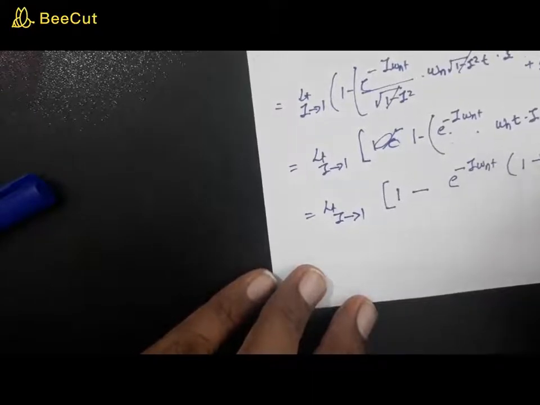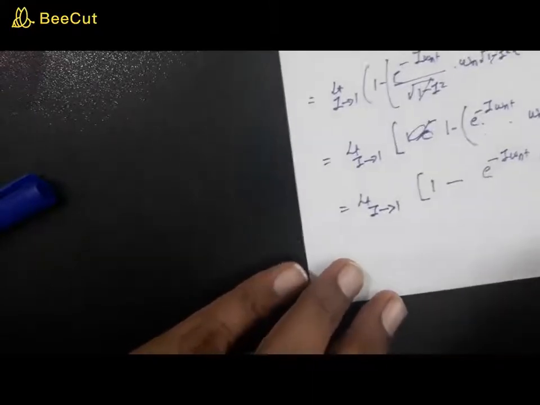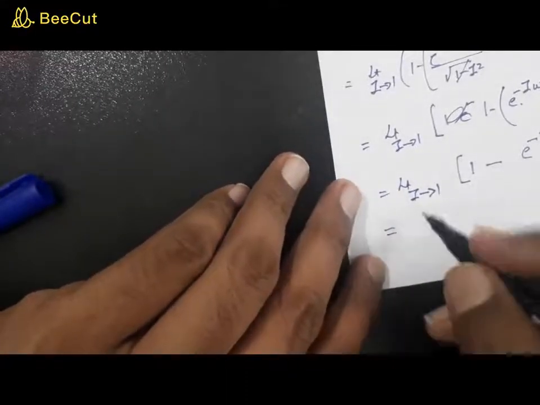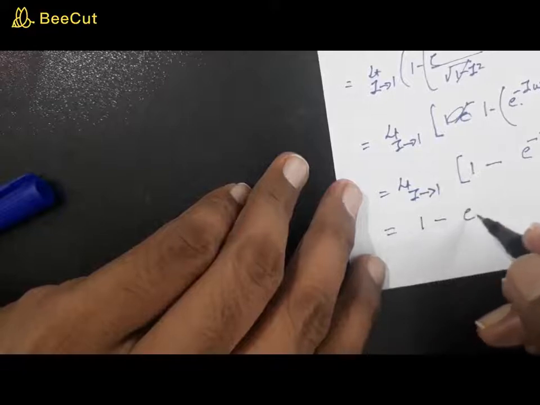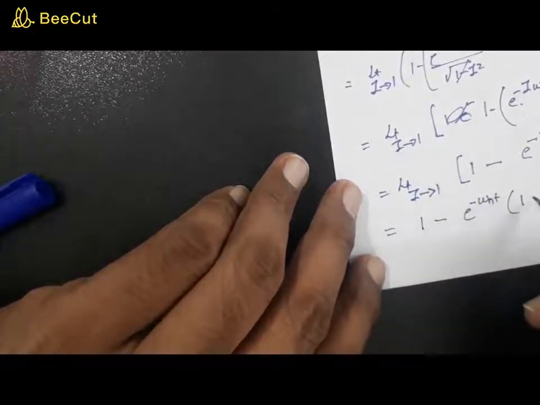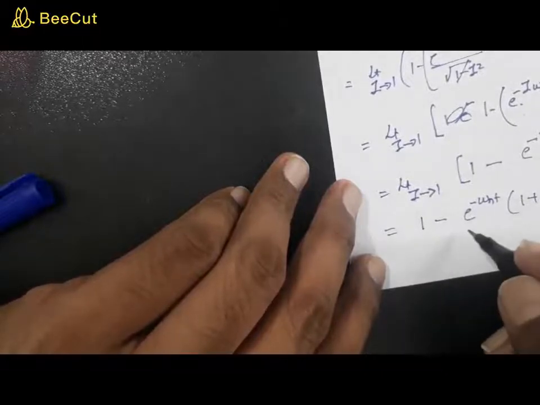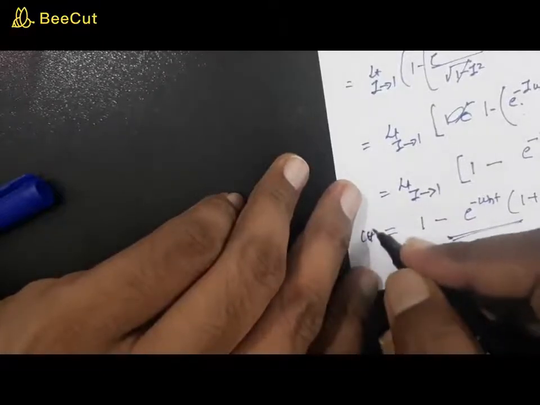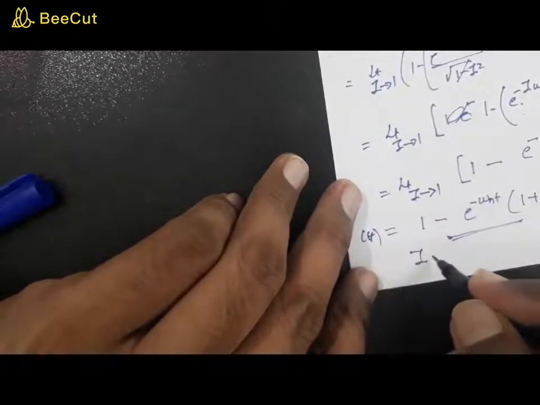Now substituting theta equal to 1, you will get e raised to minus omega n into t into 1 plus omega n into t. So this is your c of t for theta equal to 1.